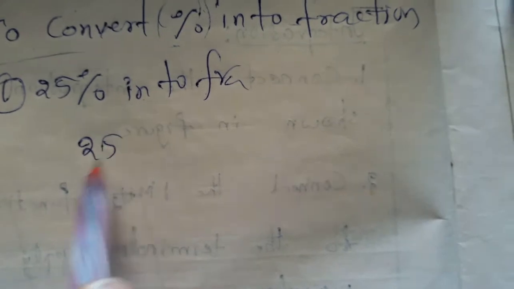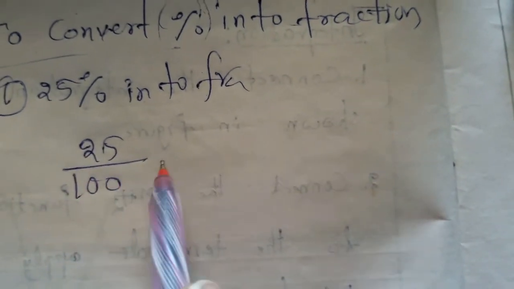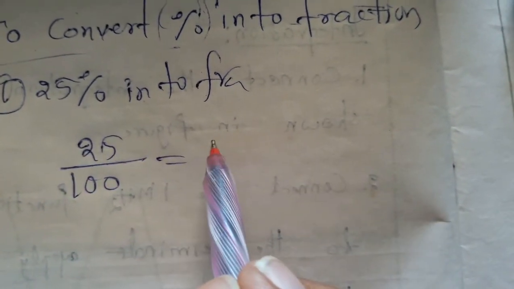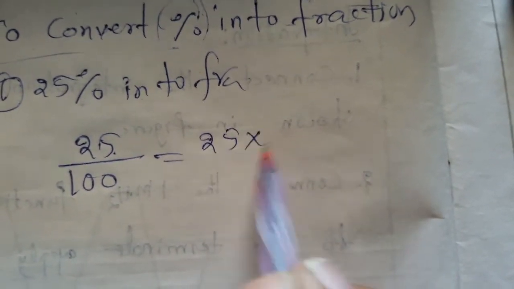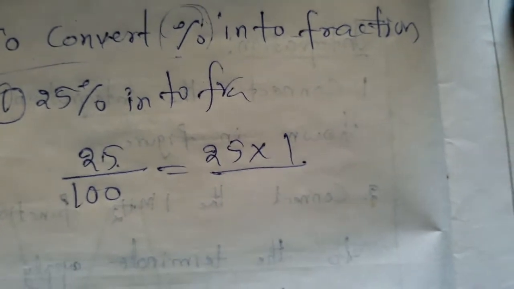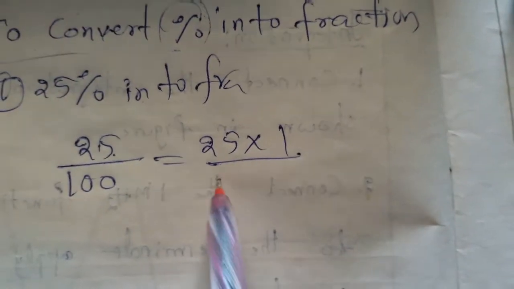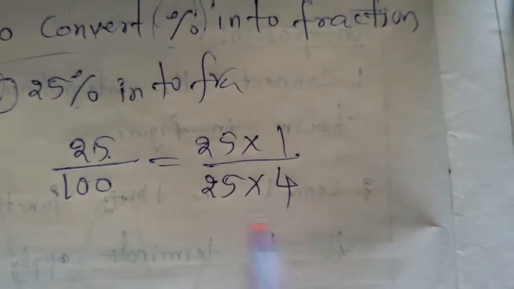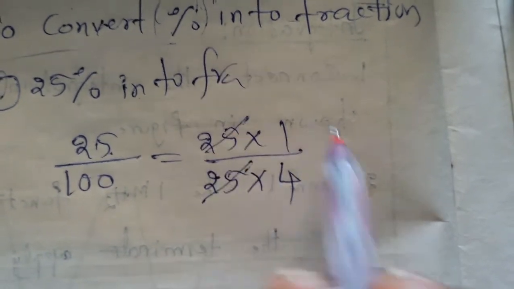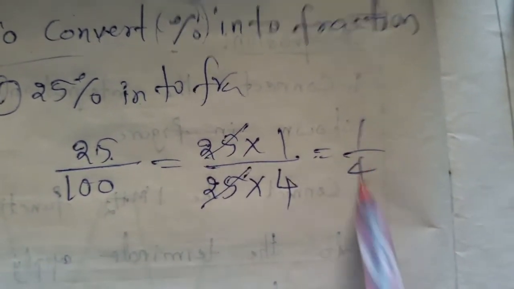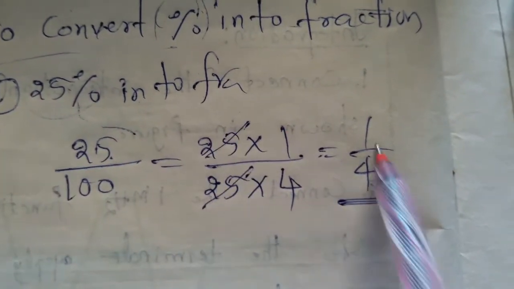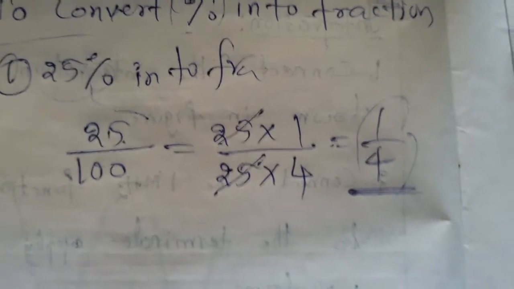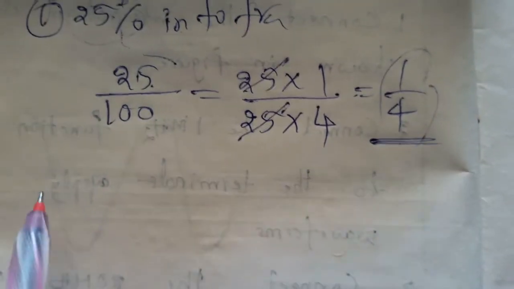That means 25 divided by 100, that becomes 25 into 1 by 25 for the 100. So 25 cancels, that becomes 1 by 4. So 25% into a fraction means 1 by 4. Are you understood? Yes.